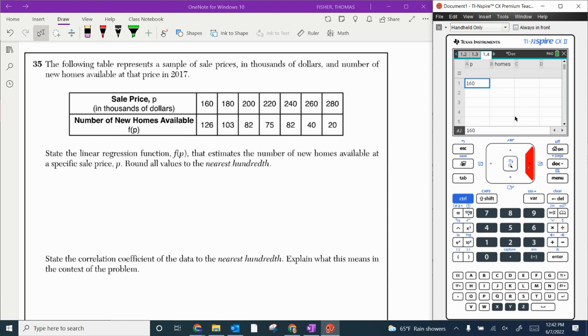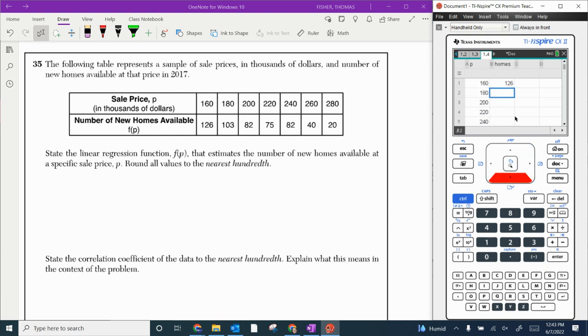So put the numbers in. So 160 goes with 126, 180. You can go either way. I'm going to keep going down here. 200, 220, 240, 260 and 280. 7 numbers.